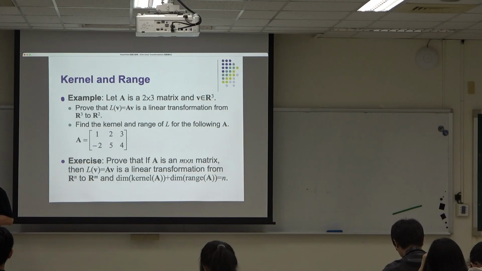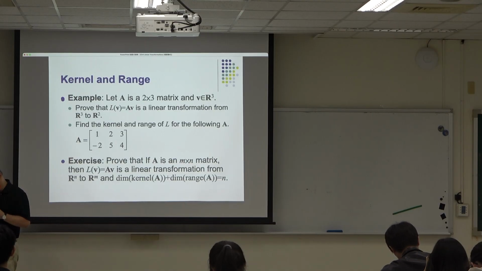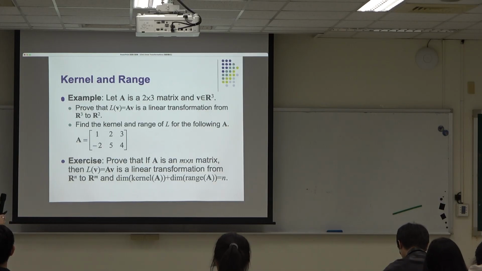So we know that as long as A is a matrix, this A(αu + βv) can be distributed, and then we can get the α and β out to the front, and so this will be the consequence.